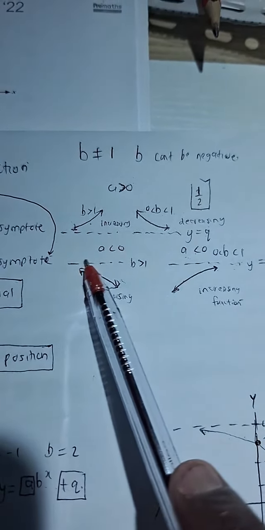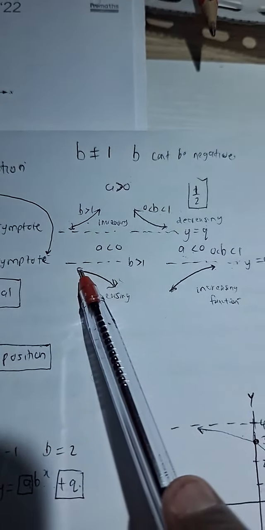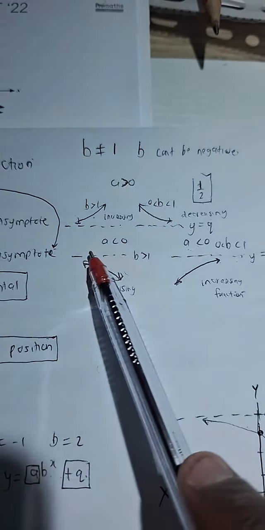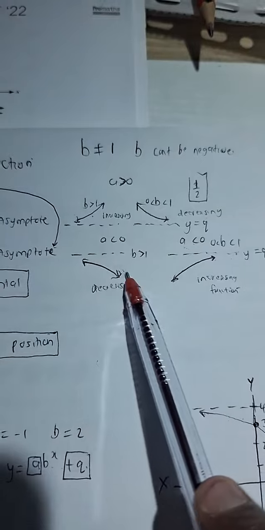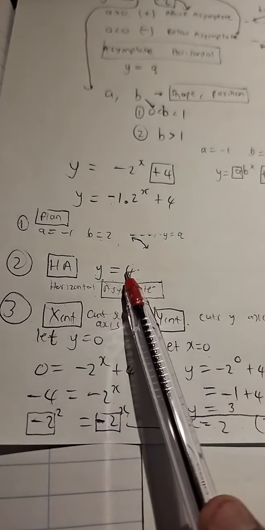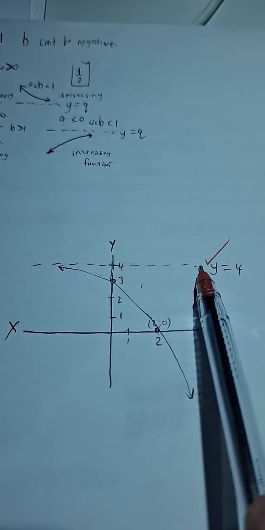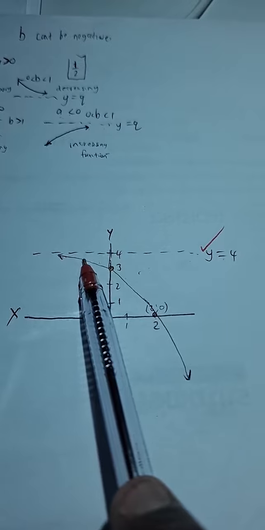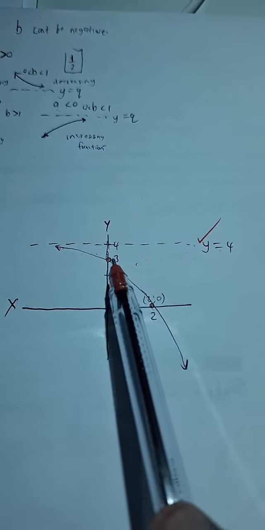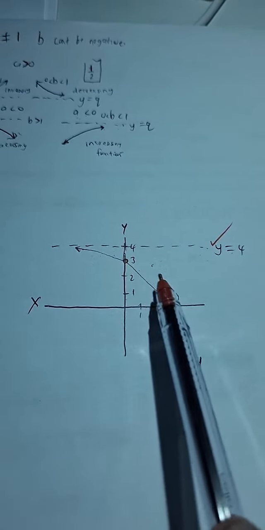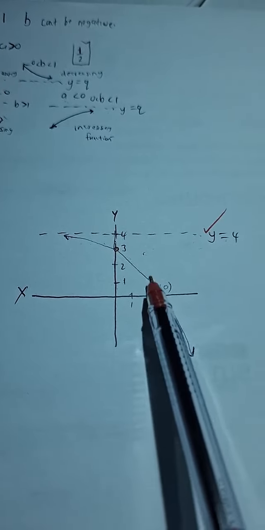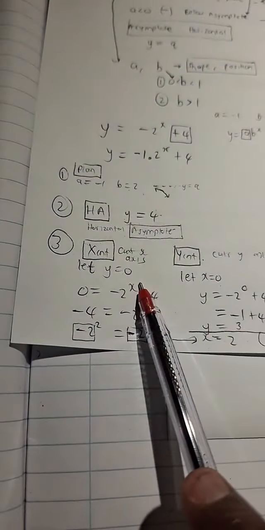We're expecting to find it below the asymptote, and it is a decreasing function. Because we know the horizontal asymptote is y is equal to 4 and it's found way above the function, our function is going to be found below, and it will definitely have a y-intercept. It will definitely have an x-intercept, which makes life very easy.